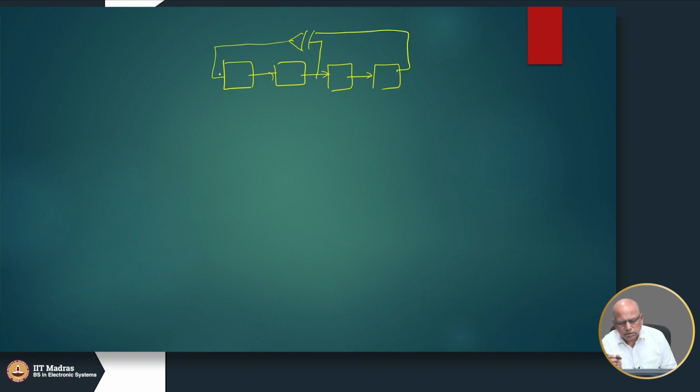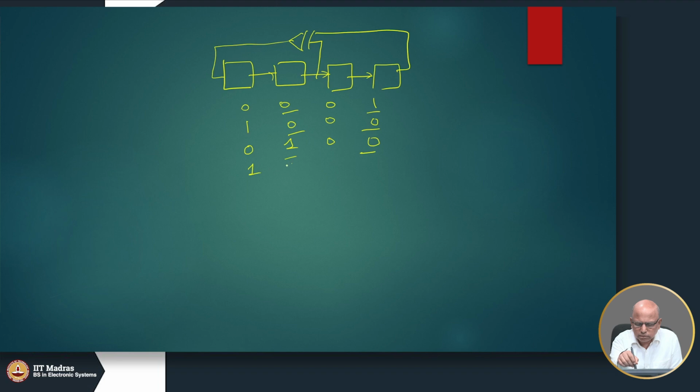Let us see whether it generates. Okay, initially let us start with 0 0 0 1. Then XOR of these two will be shifted here. XOR of these two guys will be shifted here, and so on.